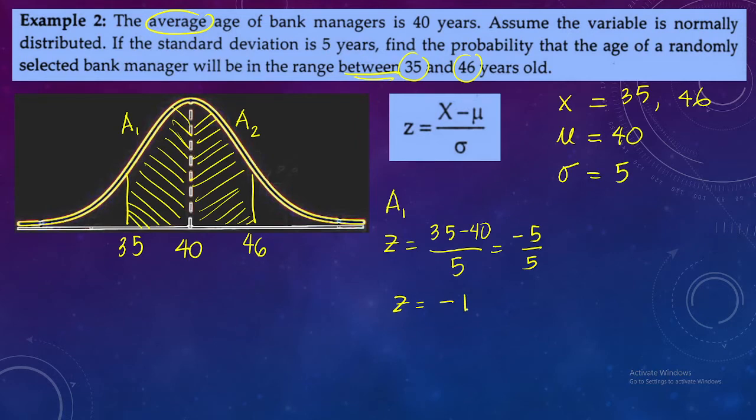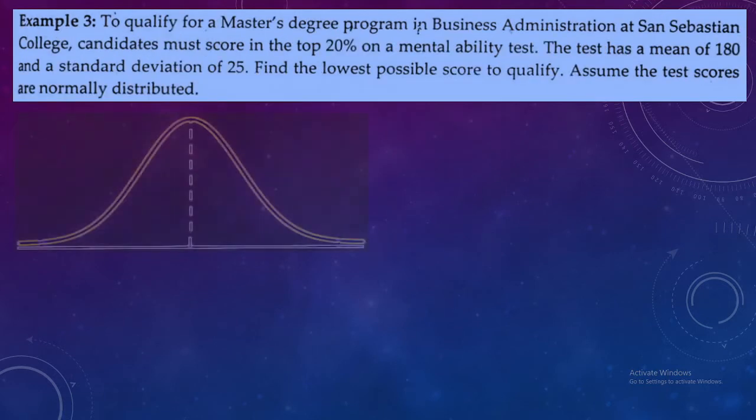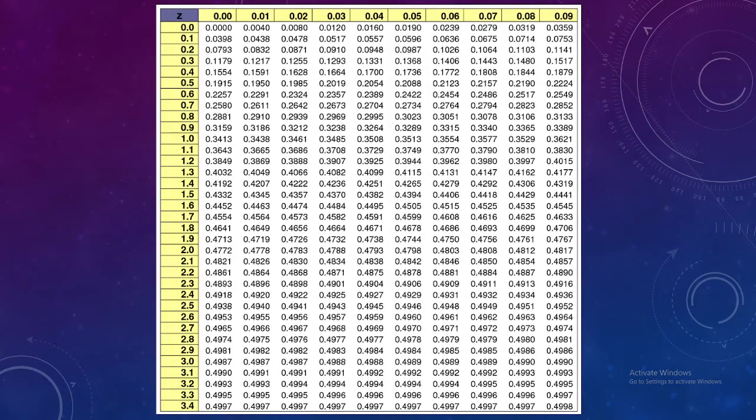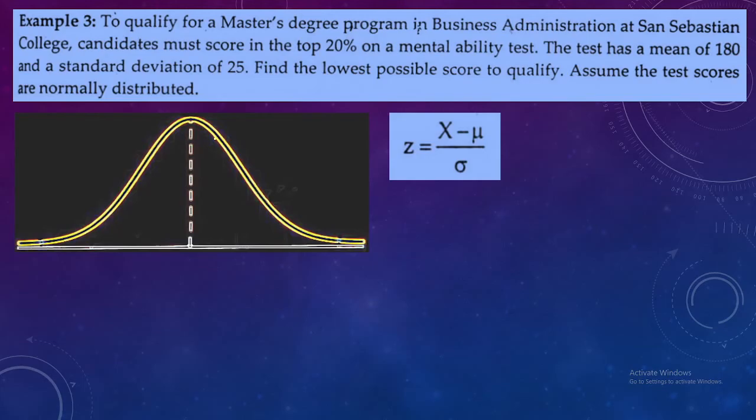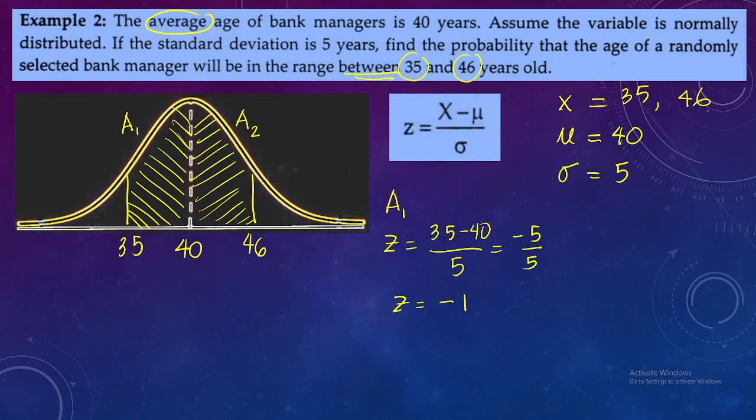So if the Z is 1, take note, go to the Z table. If the Z is 1, how much is our area? It's 0.3413. So I'll be having an area of 0.3413 for this part over here.